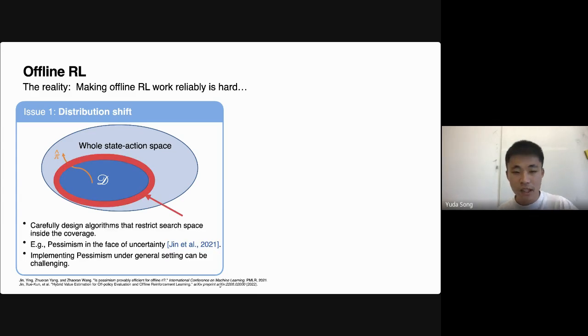So from the algorithm side, people usually just utilize pessimism. And we know that if you want some general level algorithm for offline RL, implementing pessimism is challenging. And so far, I think we only know algorithms with very computationally heavy oracles.